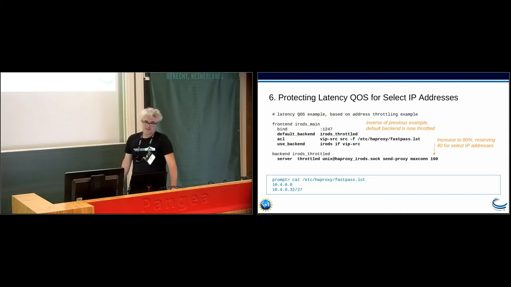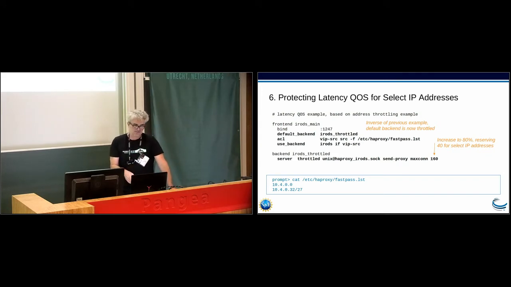So, protecting latency, this is the workshop example. It's very similar to the throttle one, except you reverse it. Now the main flow goes through iRODS throttled, and the exceptional few just go direct. So you don't want to put too much burden on your normal user who's not in the workshop.